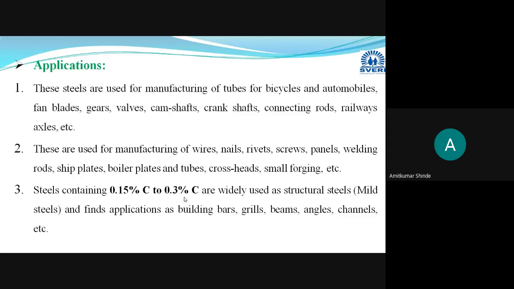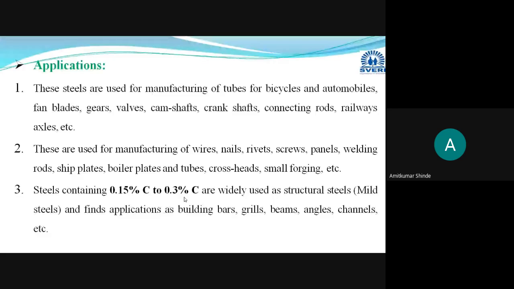Depending on the name itself, the structural steels are used in various applications in building construction. You can say different types of building bars, different grills which are used for windows, then different beams, different angles, then different channels which we are using for supporting the structure.